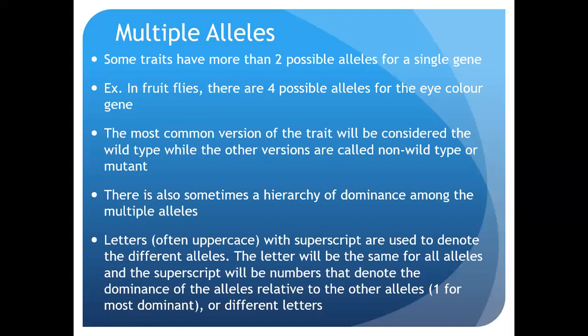There's also sometimes a hierarchy of dominance among the multiple alleles. So sometimes you'll have one that's the most dominant and one that's the most recessive. Sometimes you'll have some that are codominant, stuff like that. The letters are often uppercase with subscripts used to denote the different alleles, or sometimes you will just use different letters. And I'll show you examples of what both of those would look like.